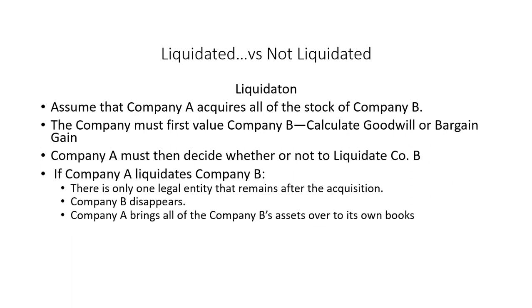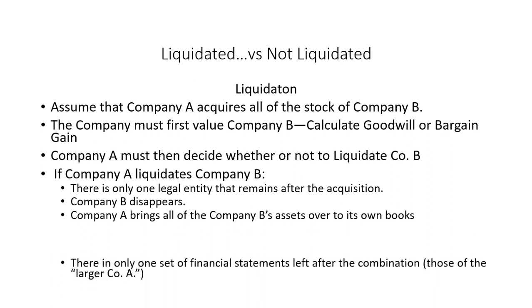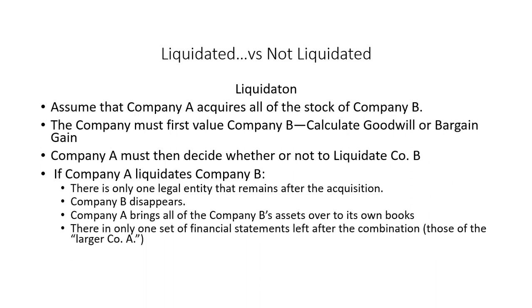Company A brings all of Company B's net assets, both assets and liabilities, over to its own books. There's only one set of financial statements after the combination, those of the larger Company A. So basically, Company A swallows Company B, and Company B goes out of existence.